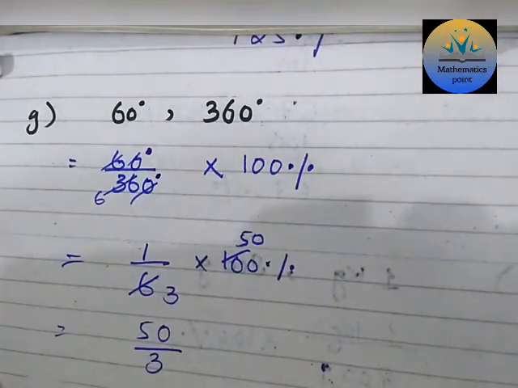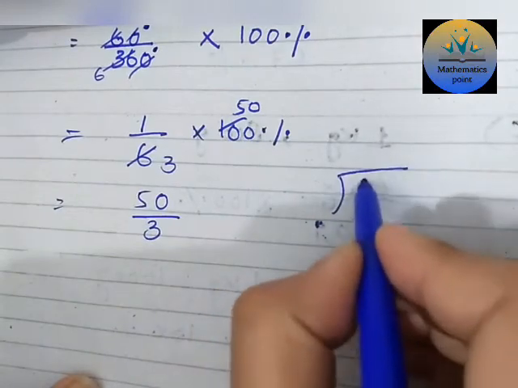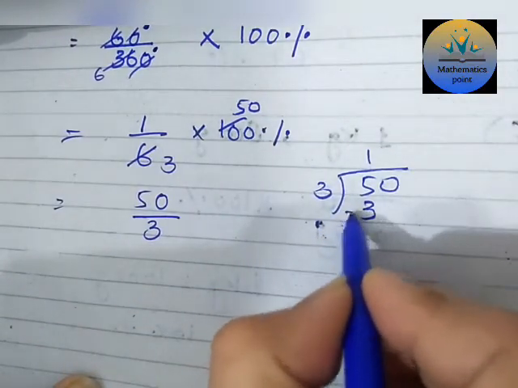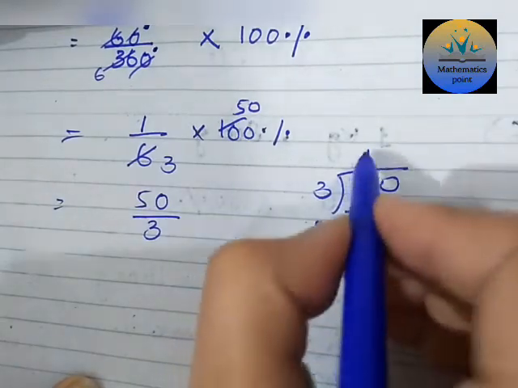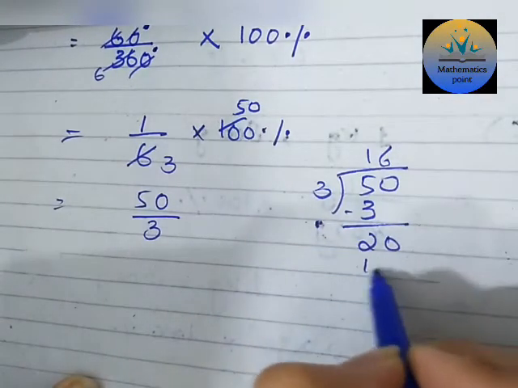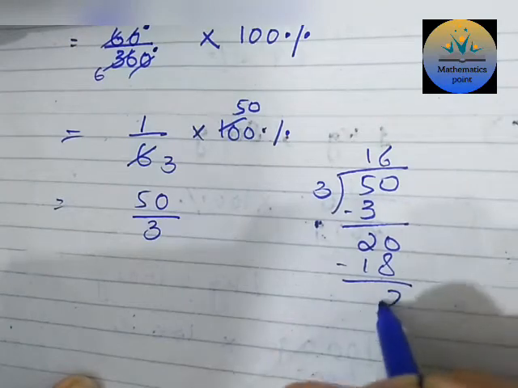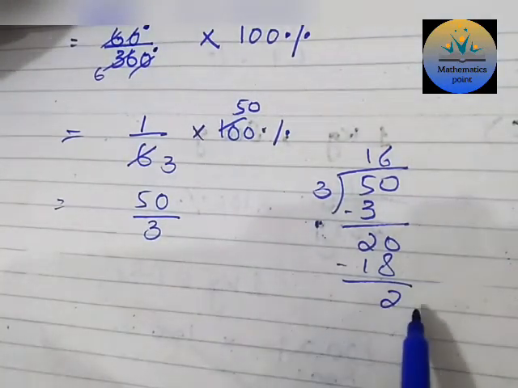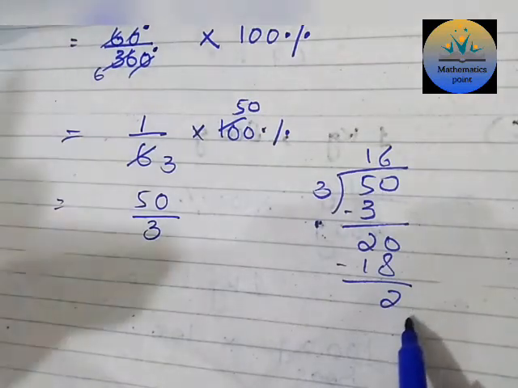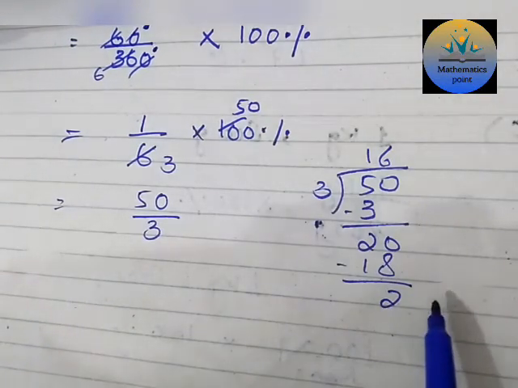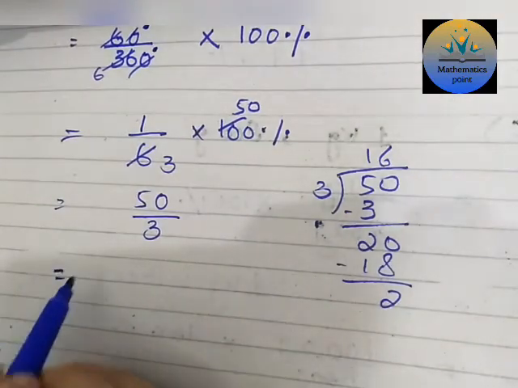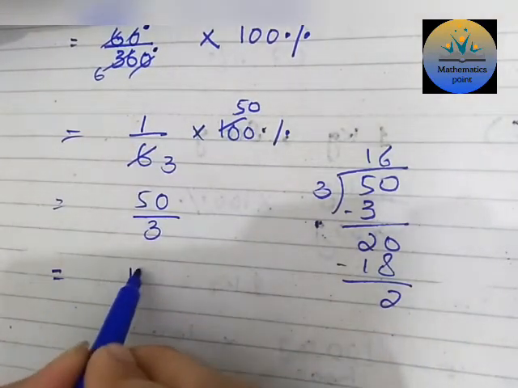Now divide this term. 3 1s are 3, 3 6s are 18, minus, 2, and this will be continuous. Again it will become 20 when I take the point, and then this will be continued, not terminating. So I just write it in the mixed form.